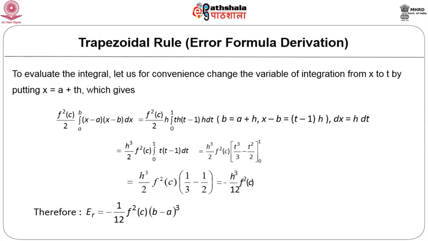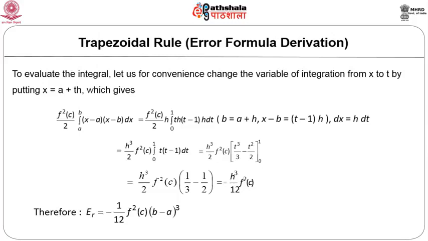So, t cubed by 3 minus t squared by 2 from 0 to 1, and that is h cubed by 2 into the second derivative at c, times (1 by 3 minus 1 by 2). So, the result is minus h cubed by 12 and the second derivative at the point c. Our h is b minus a, so we can say the error E is minus 1 by 12 times the second derivative at c, times (b minus a) cubed, where c is some point in the interval a to b.